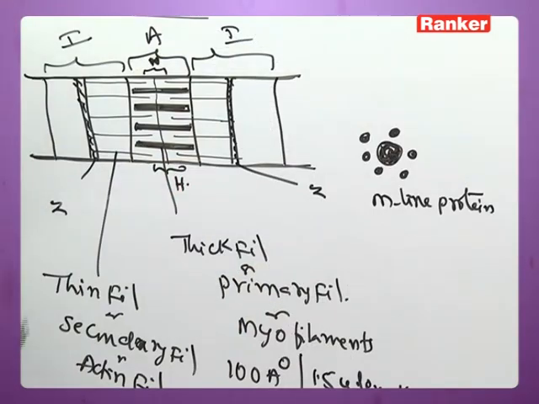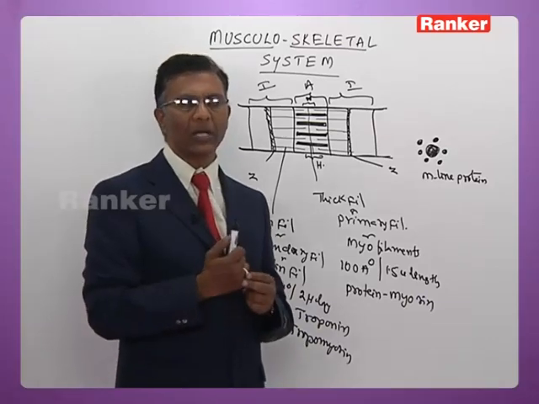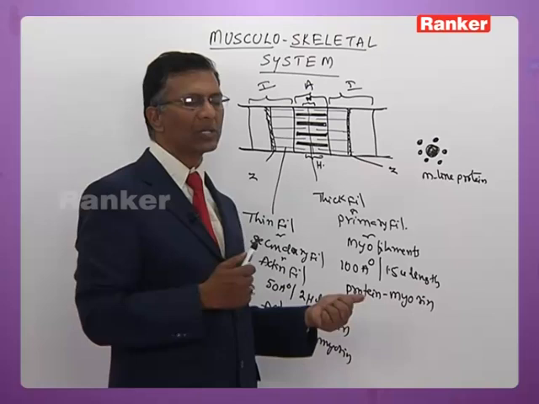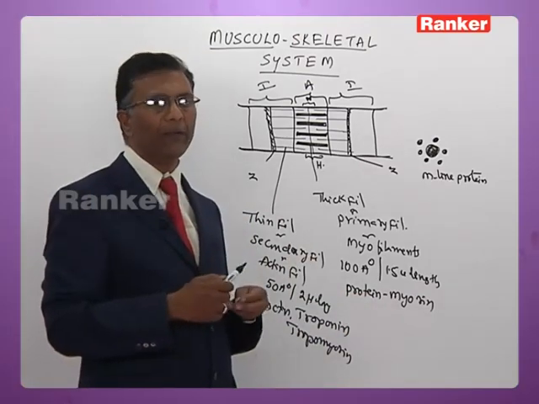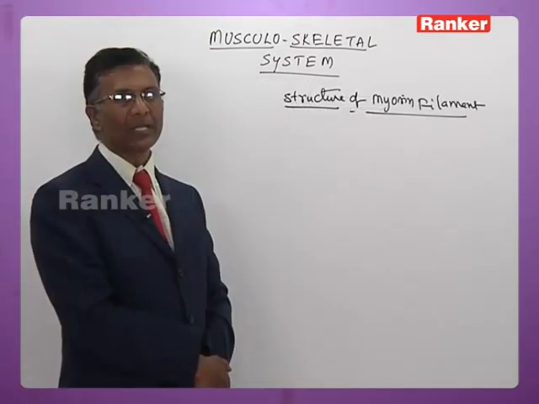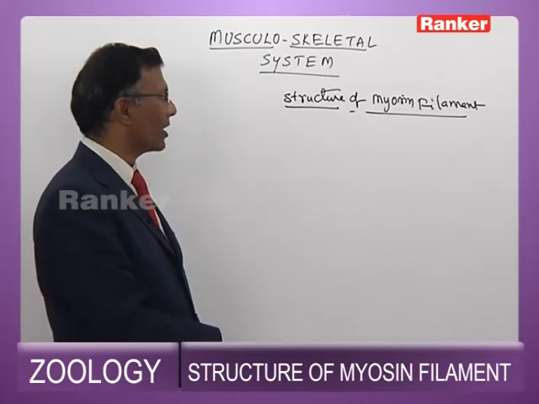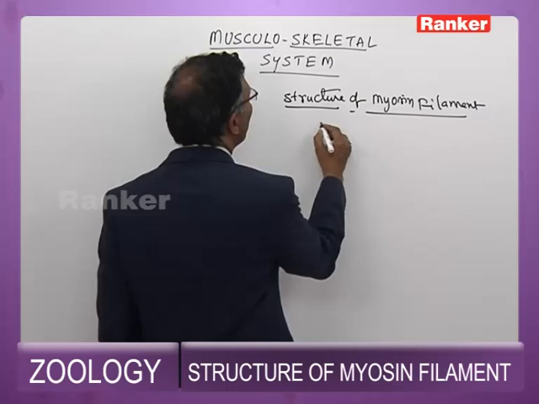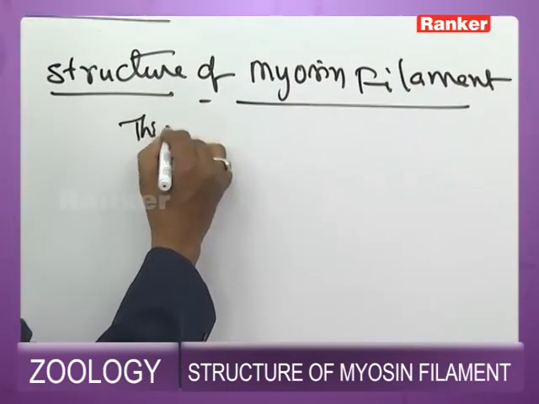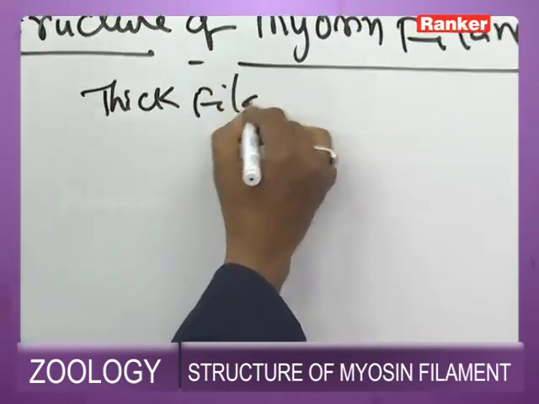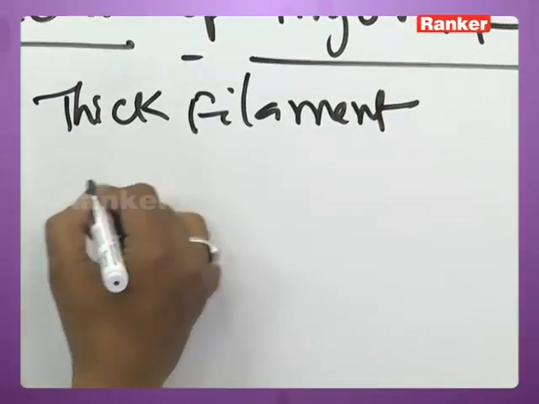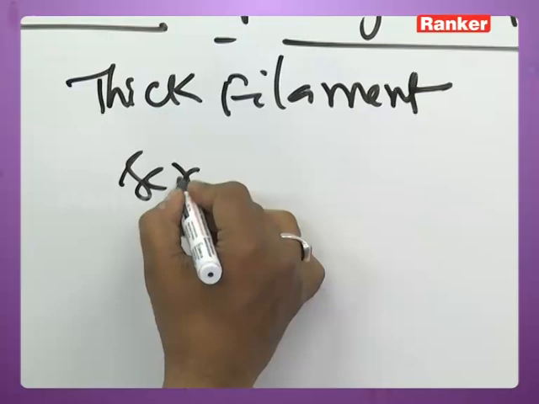Okay. So this is with regard to the molecular structure of thick and thin filaments. Now we shall talk about the structure of the myosin filament and the structure of the actin filament. Each myosin filament, also called the thick filament, is made up of several meromyosin proteins.